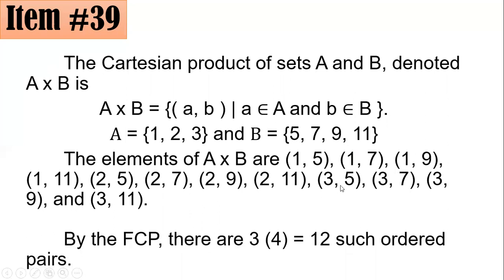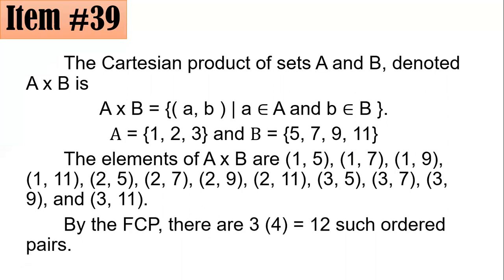All in all, you could see that there are 12 of them. To make the long story short, to get the order of the Cartesian product, all you have to do is multiply the cardinalities of the two sets involved. So we have 3 times 4, which gives 12 such ordered pairs. Letter A.